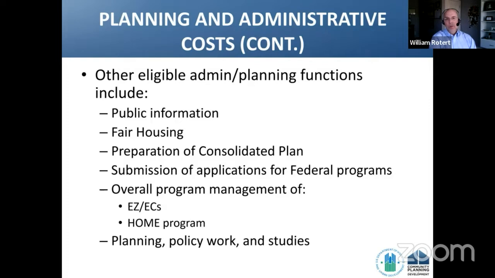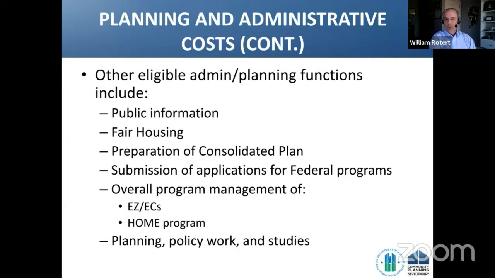Okay, other eligible administrative and planning functions that you need to be mindful of. Public administration or public information, all of those public hearings, for example, that you're required to have when you're developing your consolidated plan or your annual action plan. Those costs are normally considered general planning and admin costs.